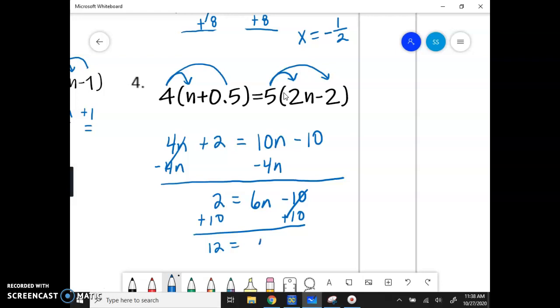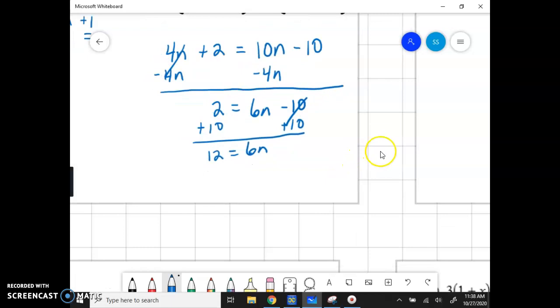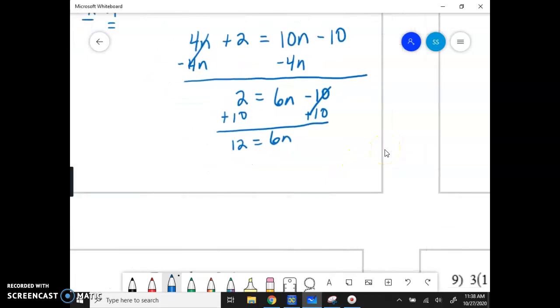It's equal to 6n. Remember that 6 times n. So I want to do the inverse operation and divide by 6 to get n by itself. Do it to one side, got to do it to the other, so I got to divide by 6 on the other side. I'm left with 12 divided by 6, which is 2, is equal to 6 over 6 is equal to 1 or 1n.